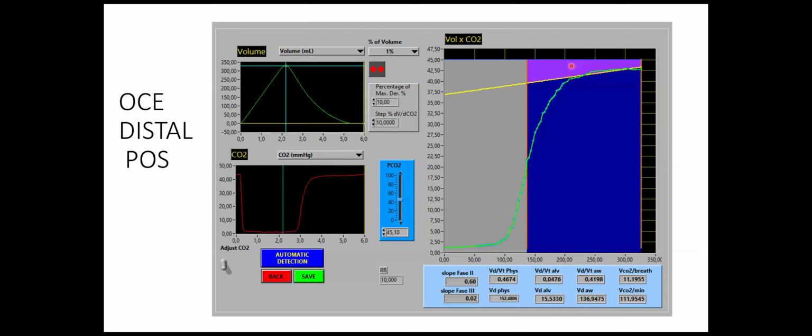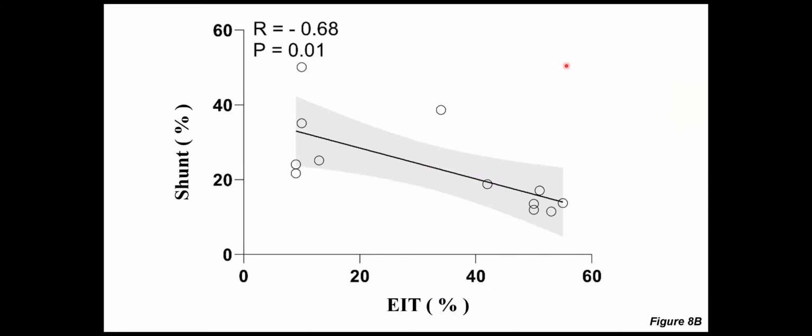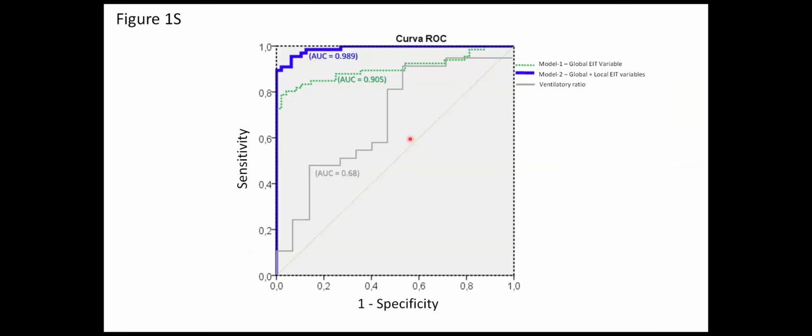So no wonder that dead space is correlated with pulmonary emboli, but is a very insensitive signal for pulmonary emboli when compared with EIT. And likewise, shunt was also badly correlated. So, summarizing, this is a ROC curve to detect pulmonary emboli in our experiment.